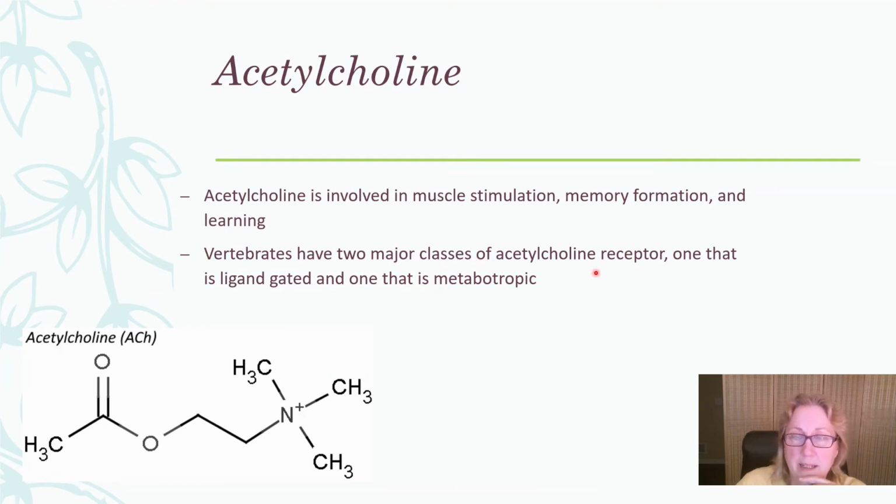So the two main kinds of receptors for neurotransmitters are ligand-gated channels, and that's what we've already been talking about, where when the neurotransmitter binds, the channel opens and allows some kind of an ion to flow across the membrane. The other one is metabotropic, and this means that it's going to bind to the cell and the effect is going to be something else.